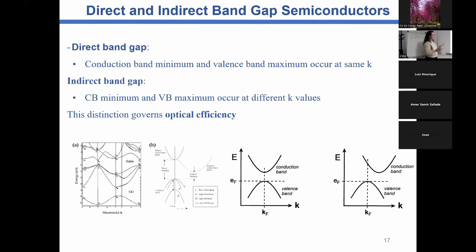But what we want to understand here is that there are two different semiconductor transitions, and this will directly affect the performance of the material when we apply it in devices.